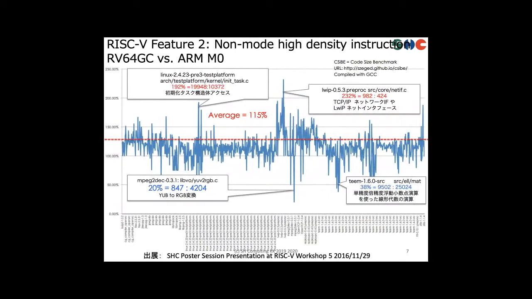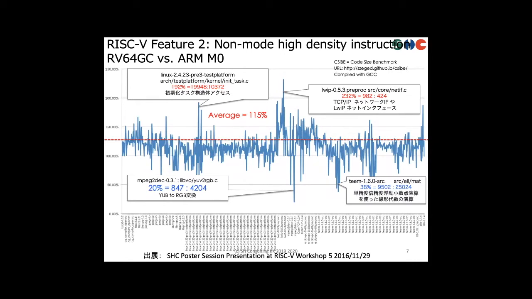The second feature is very dense instructions. This compares the RV64 64-bit instruction set with double precision floating point, single precision floating point, and also a multiplier, and all these instructions.